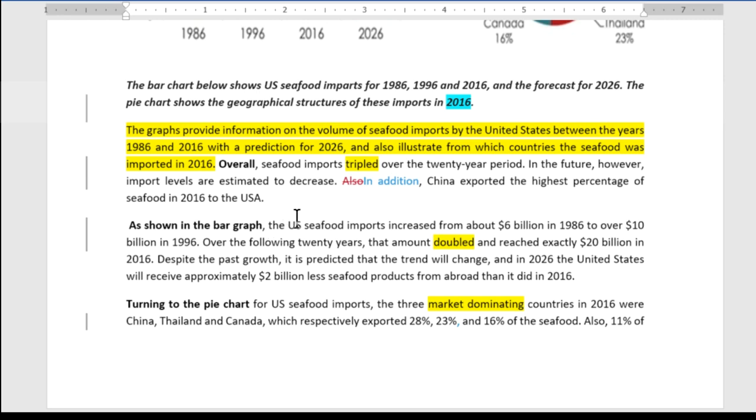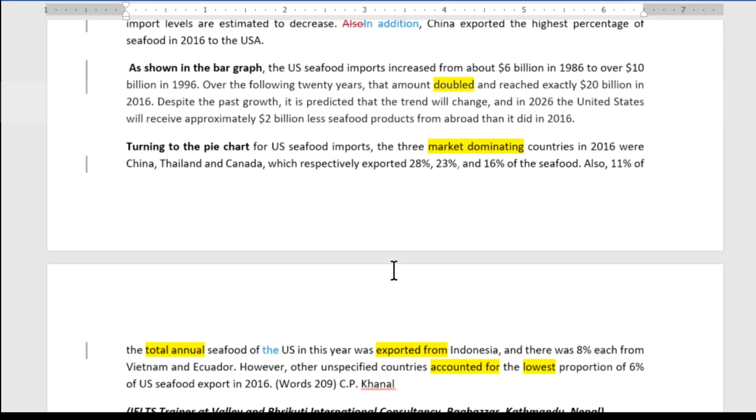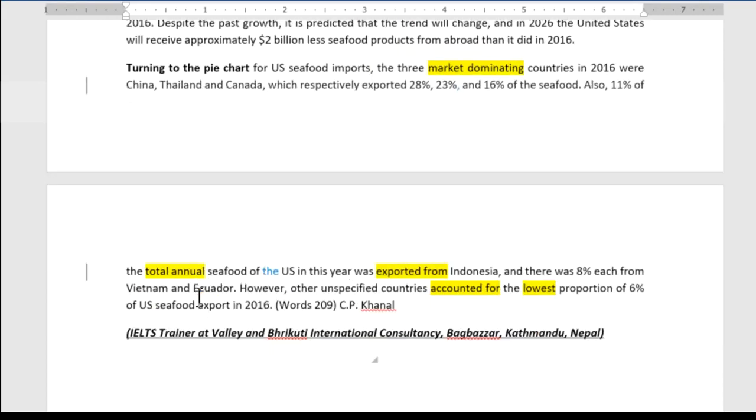And then I can look and I can see, well, yeah, we've got tripled, we've got doubled, we've got market dominating, total annual, accounted for. There's a lot to like about this language, but it's not just the words, it's the way the words get used to communicate a message effectively. And this is what a lot of people overlook.